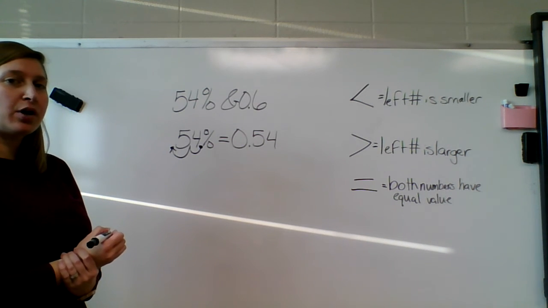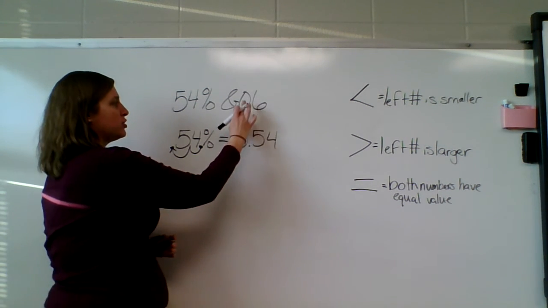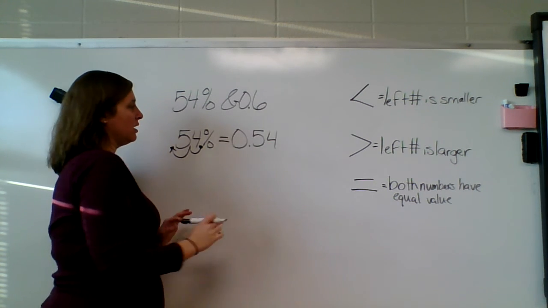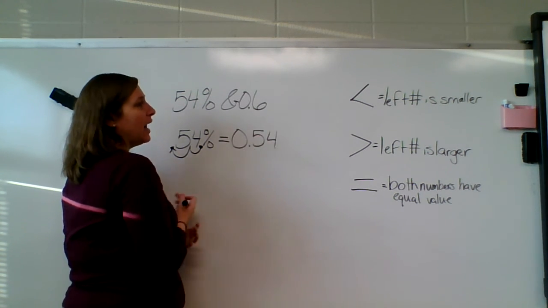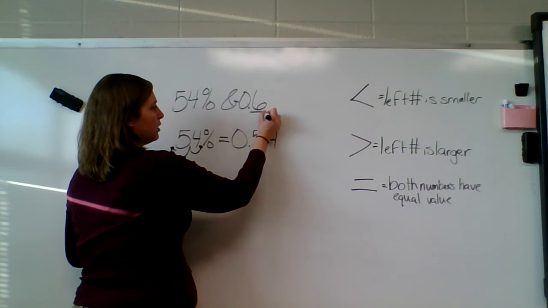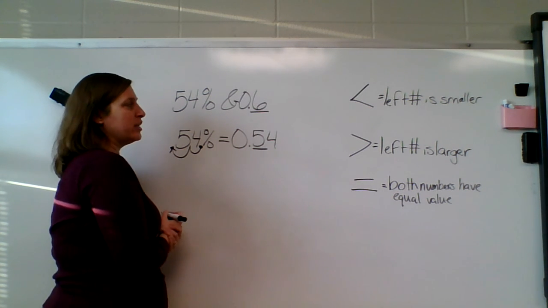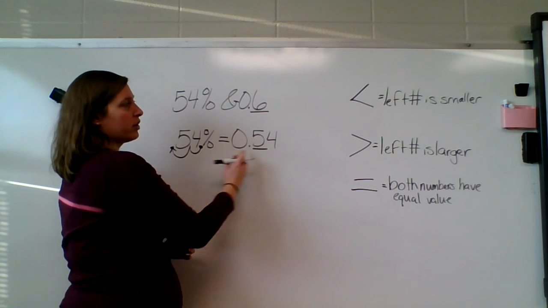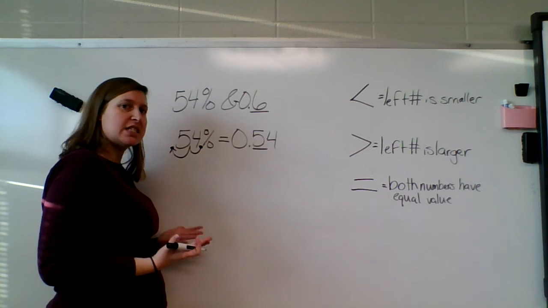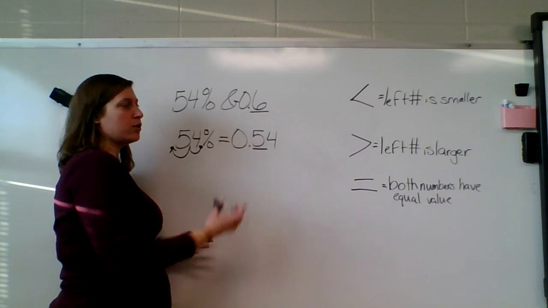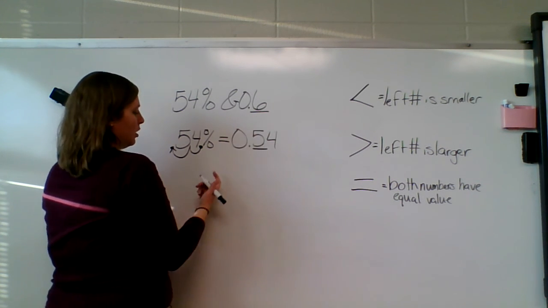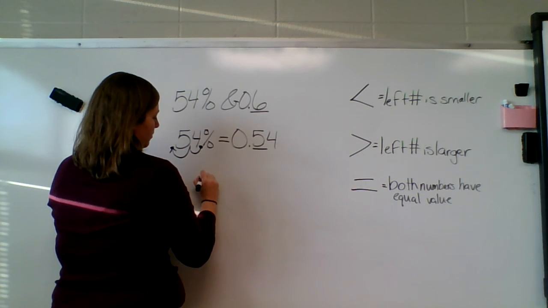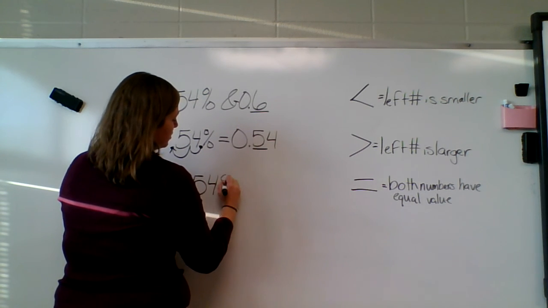Now I need to be able to compare them. So I'm going to start with the ones place. They're both zeros. It doesn't help me. Now I have a 6 and a 5. So I'm going to look at which number is larger, the 6 or the 5. The 6 is larger than 5, so that's going to be my largest number. So I'm going to rewrite these in the same pattern that it started in.